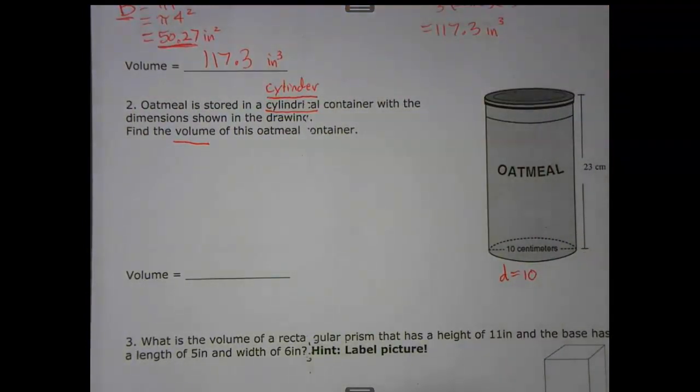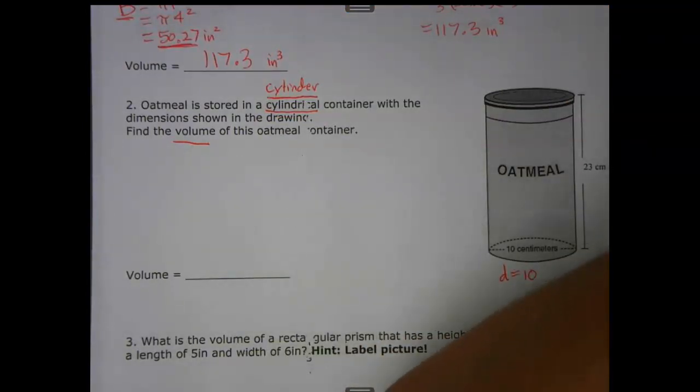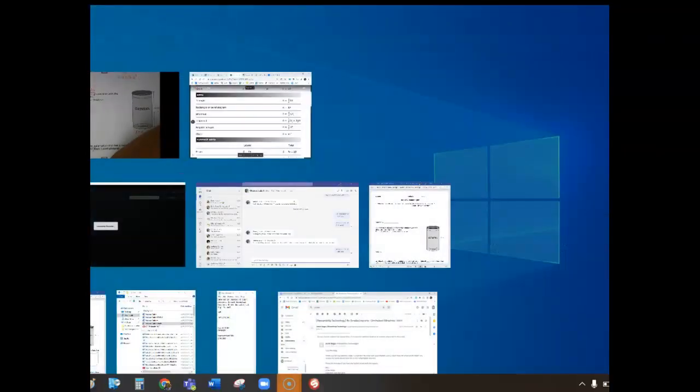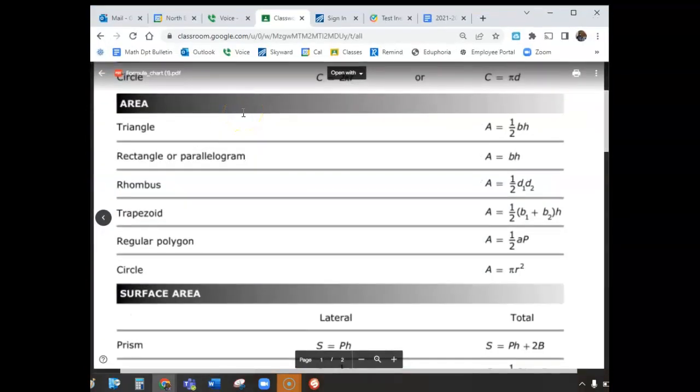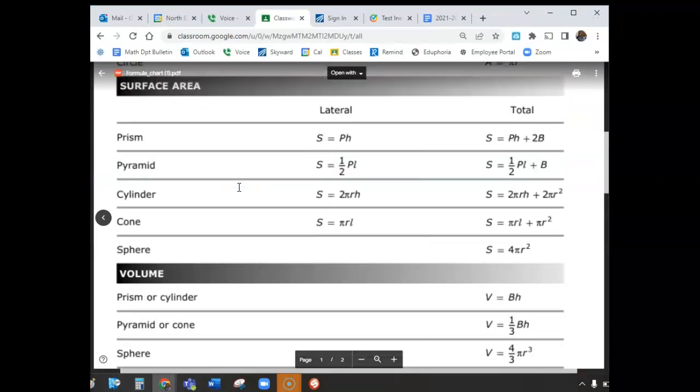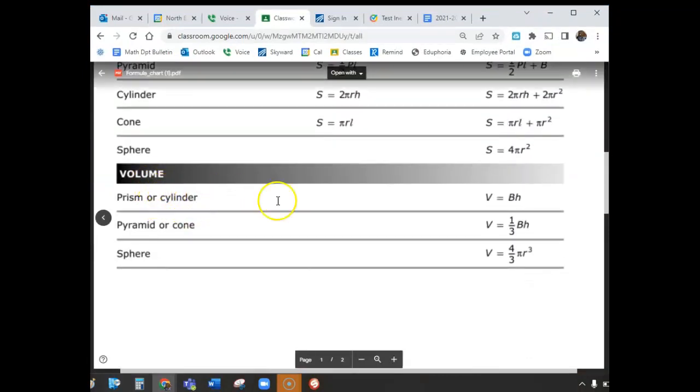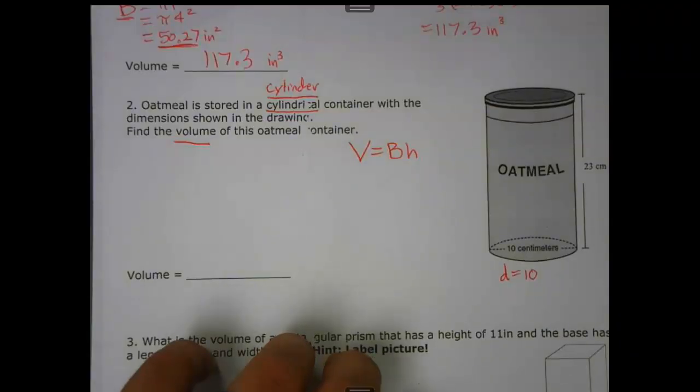So let's first go back to our formula chart. Volume of a cylinder: V equals big BH. Let me show you that.